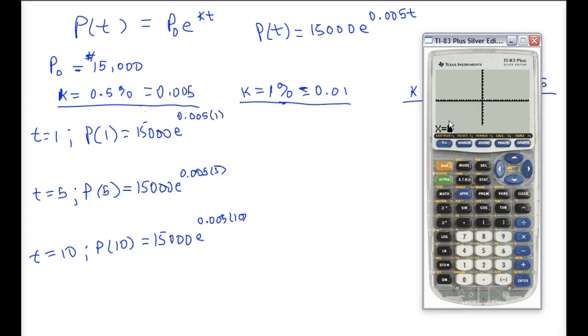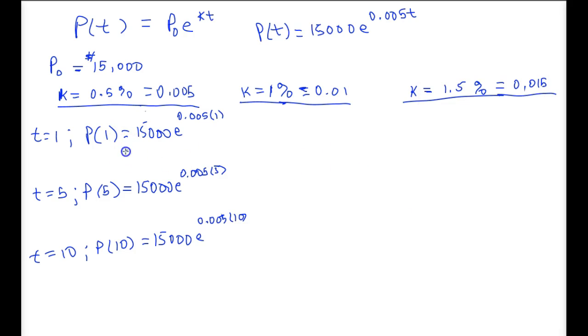Depending on your calculator, this may take a while, but as soon as it pops up, the only thing I need to do now is type in 1 for 1 year. And if I do that, you'll see that I get the answer $15,075 and about 19 cents. So that's what that is. $15,075, 19 cents.